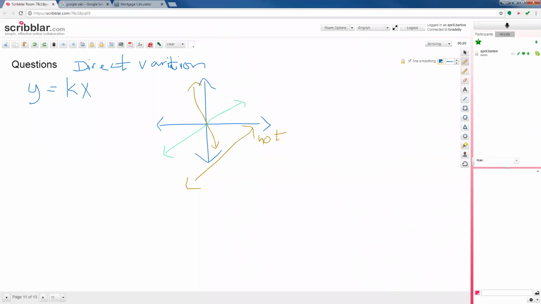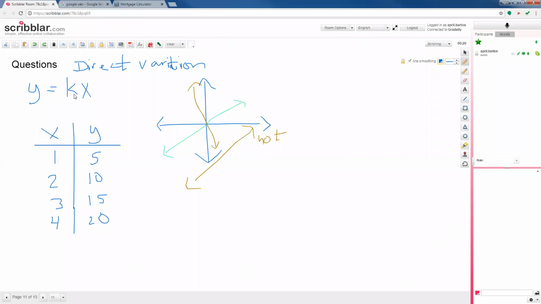So it said specifically from a table. So you'll have a table. And they want the constant of variation.